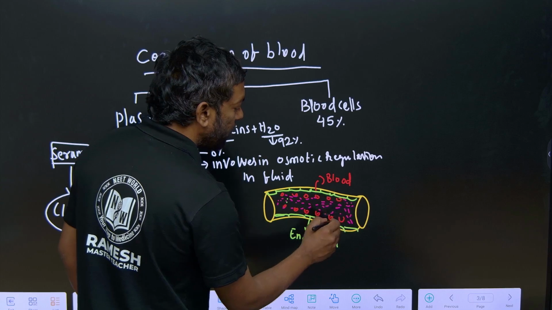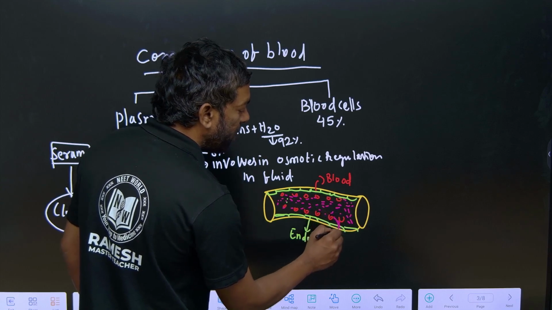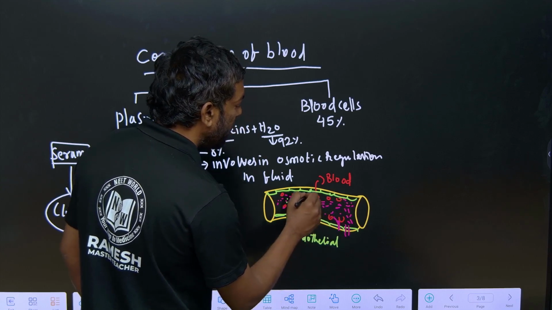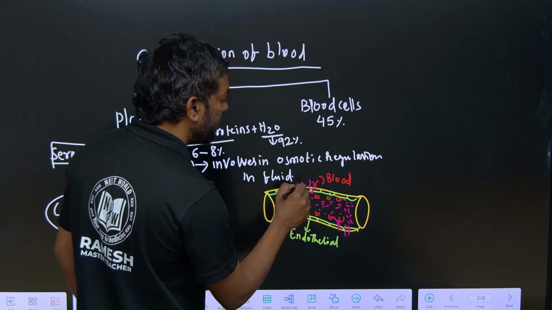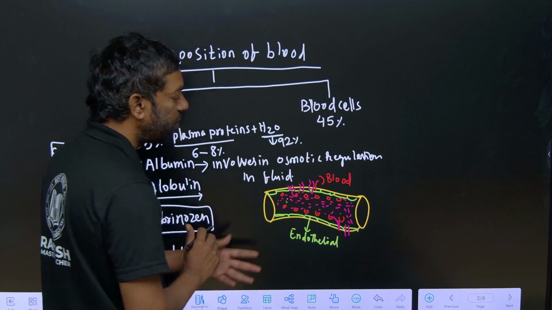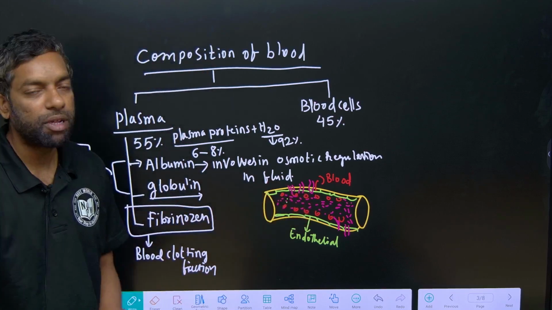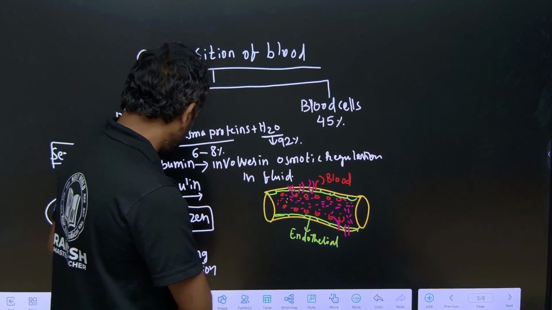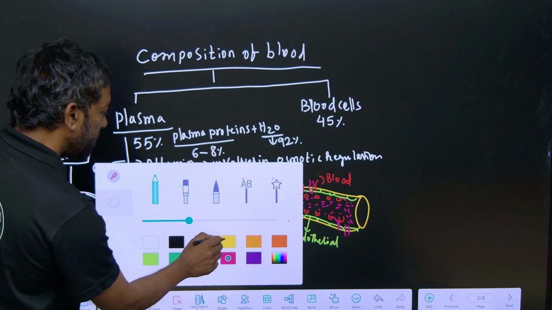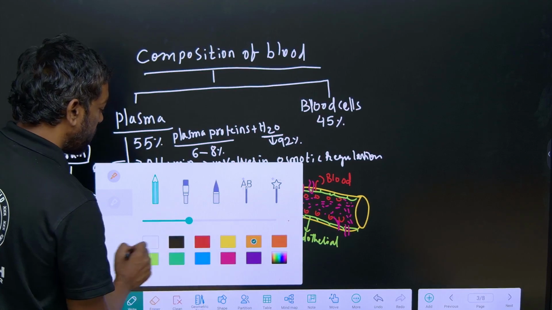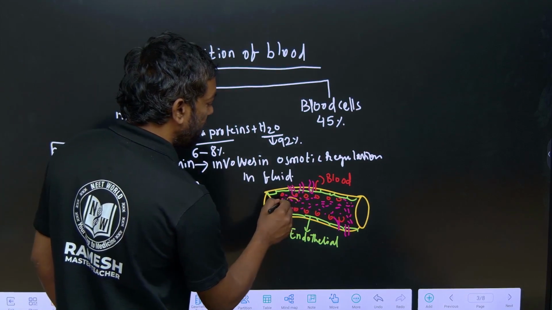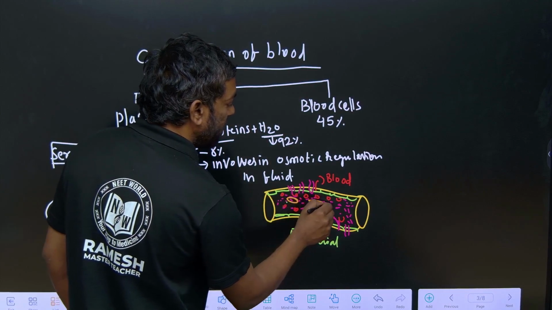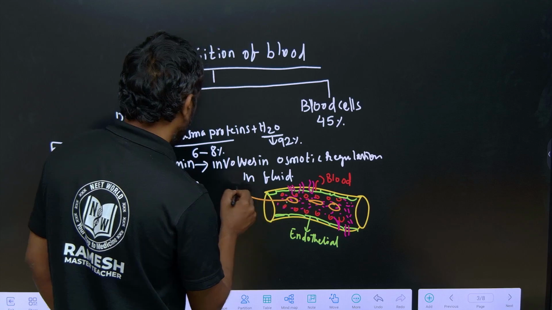This fluid can be filtered in some areas and exit from the blood vessel. Sometimes the fluid comes out of the blood vessel. There is a protein in the blood called albumin.